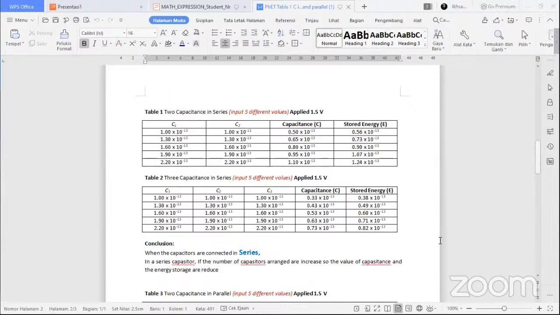So this is the result of group A. For table 1, two capacitors in series.